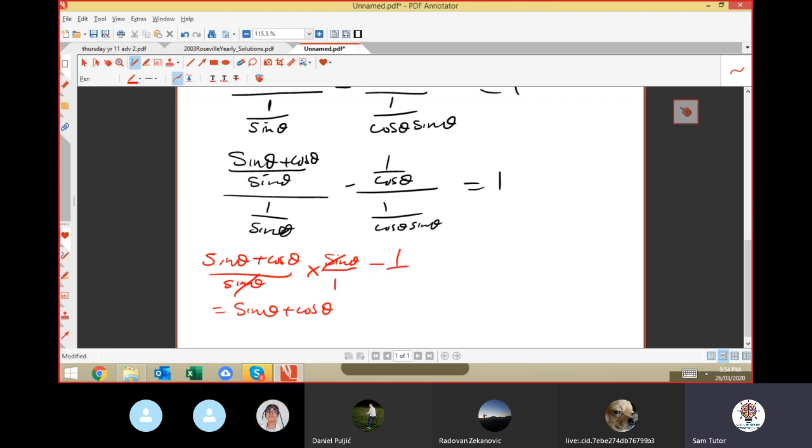It's going to be minus 1 on cos, which is the numerator, times the reciprocal of this, which is cos theta sine theta, which becomes sine theta, equals.